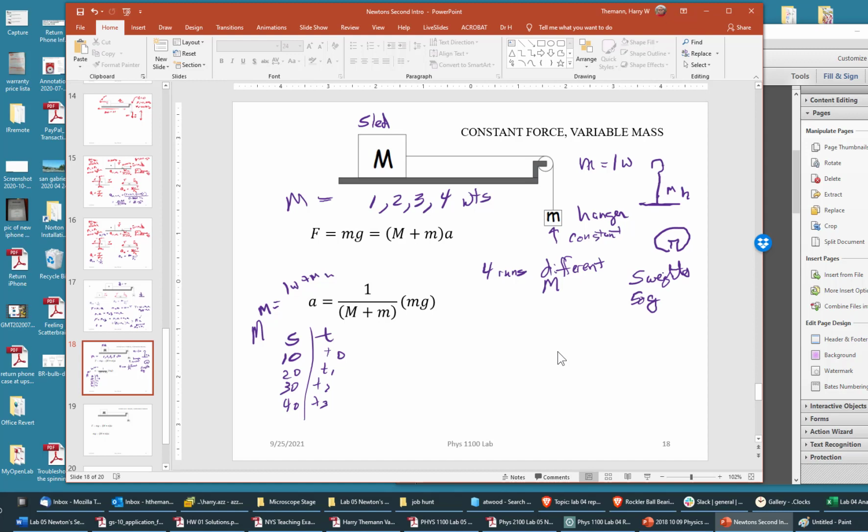And then there's going to be 4 of these tables, S and T data, with a little m and a capital M. And then we'll determine A, acceleration for each run, using the fit mechanism, using the lab 4 technique.